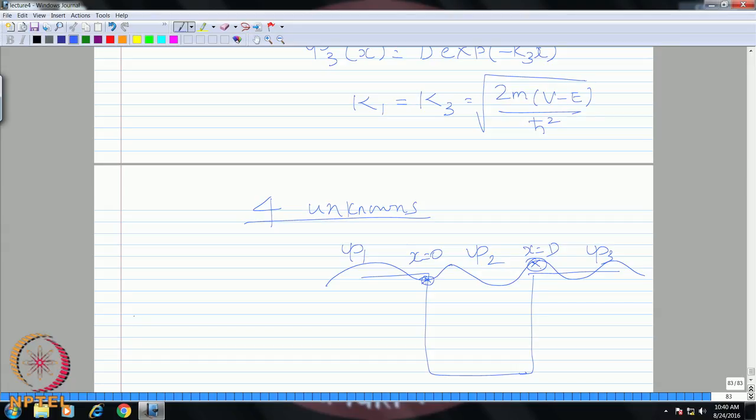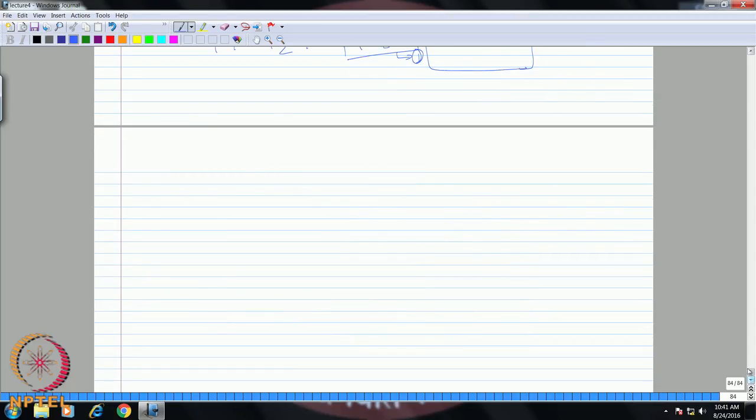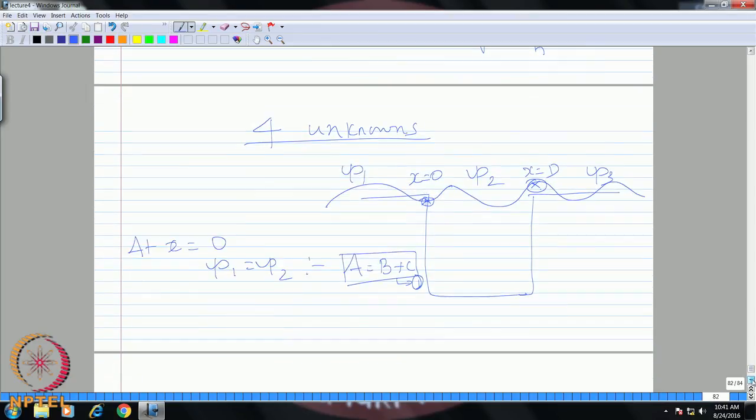So, if you put the condition at x equal to 0, psi 1 equal to psi 2. This will give you a equal to b plus c. You can check this later, but I am directly giving you the boundary conditions. So, this is your condition 1.